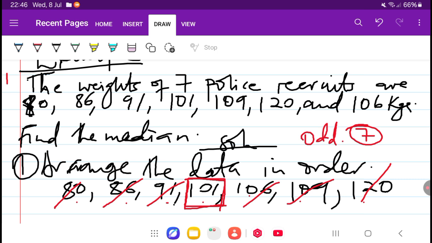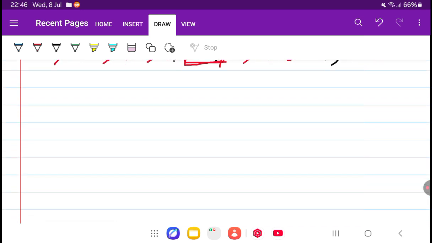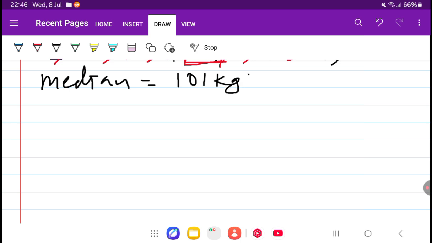Now we are going to look at the method, if we use a formula, how can we conclude? So here the median is 101 kgs, because remember these were kilograms.